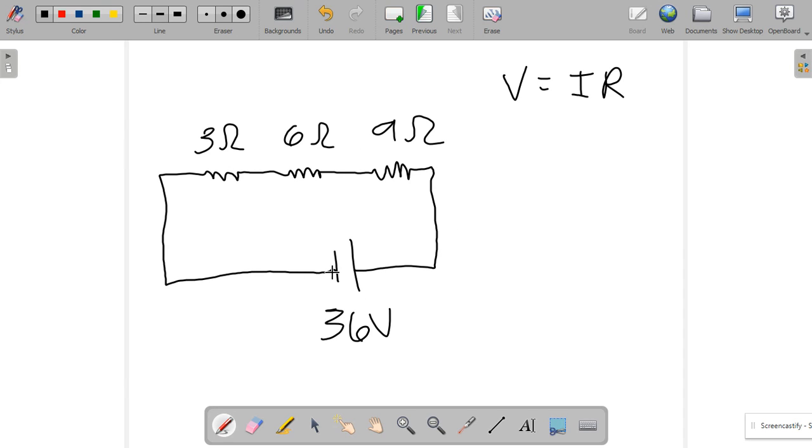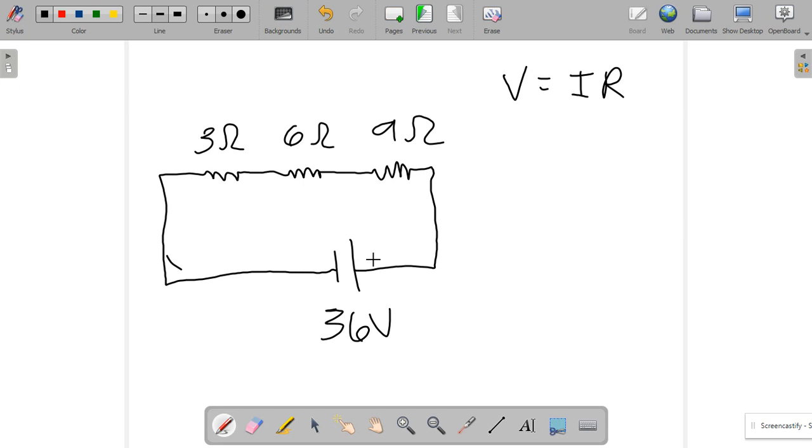The electrons, when they leave, are carrying 36 joules. Now wait, that's each coulomb of electrons has 36 joules of energy. And as they go across these resistors, they are losing some energy to the resistor. The resistor then takes that energy and turns it into thermal energy in the form of heat.